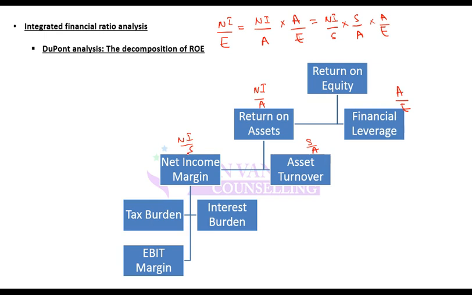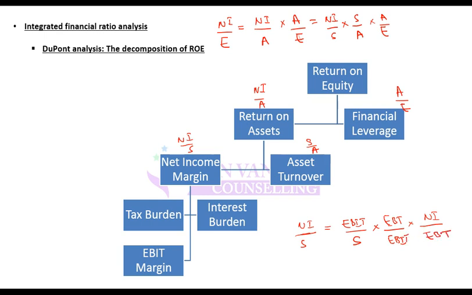And then net income to sales can also be dependent on different components. So for example, what is net income to sales? It can be EBIT to sales multiplied by EBT divided by EBIT.